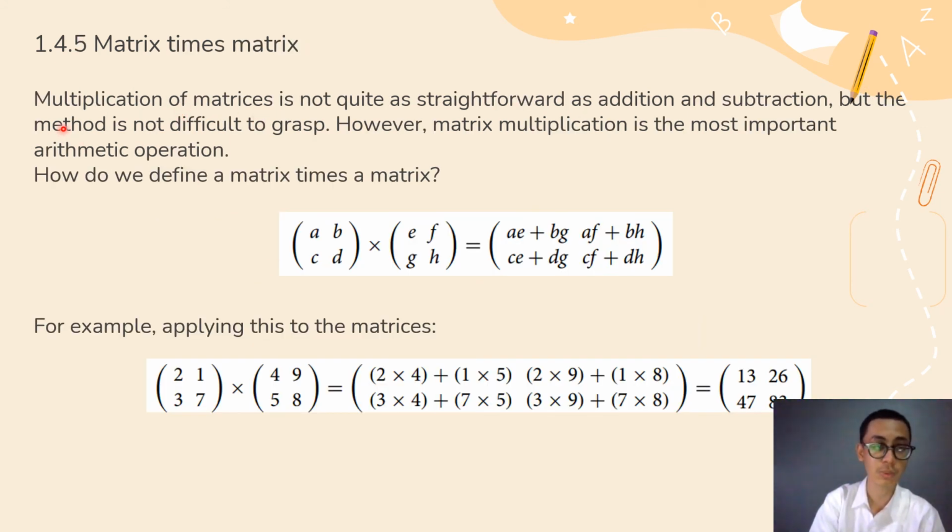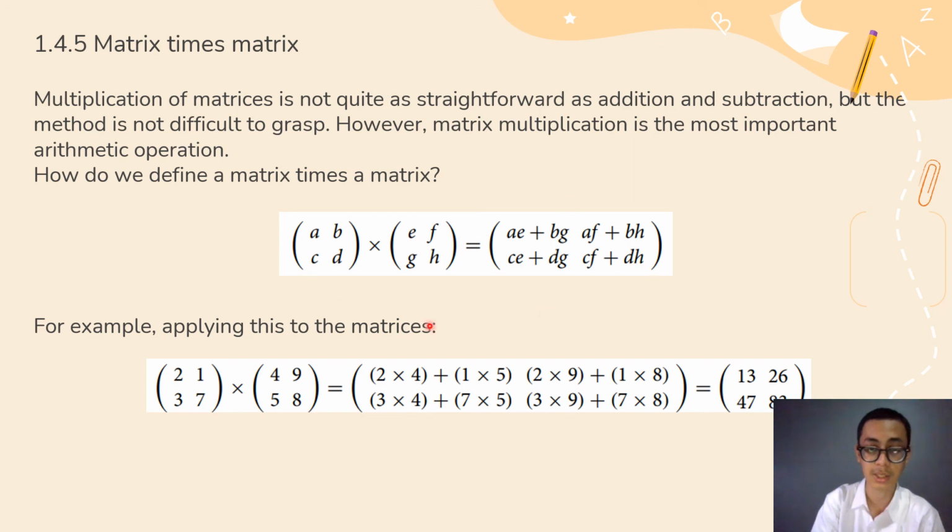Next. Matrix times matrix. Multiplication of matrices is not quite as straightforward as addition and subtraction, but the method is not too difficult to grasp. However, matrix multiplication is the most important arithmetic operation. How do we define a matrix times a matrix?